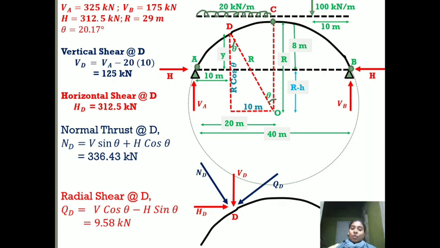So now we have found VA, VB, H, R and theta.